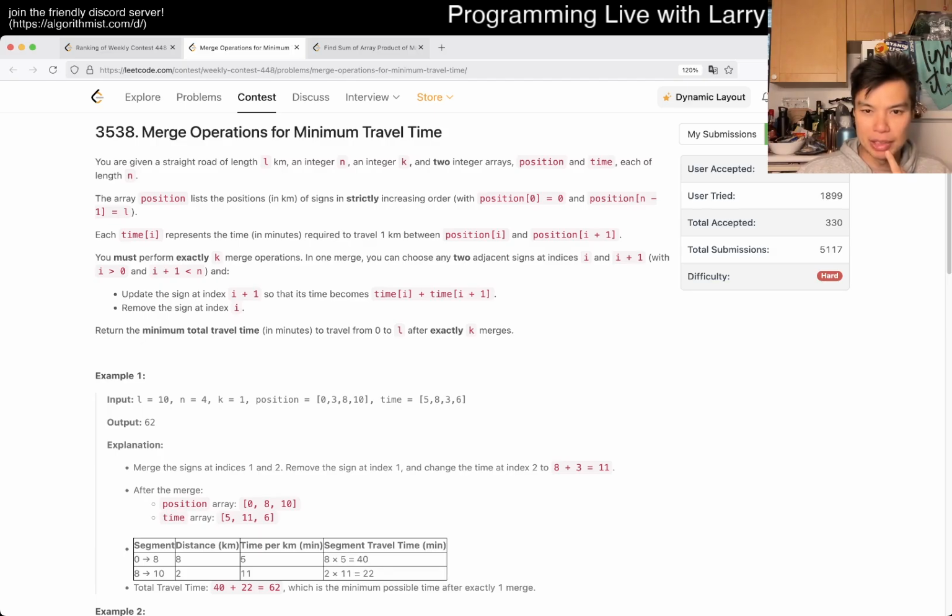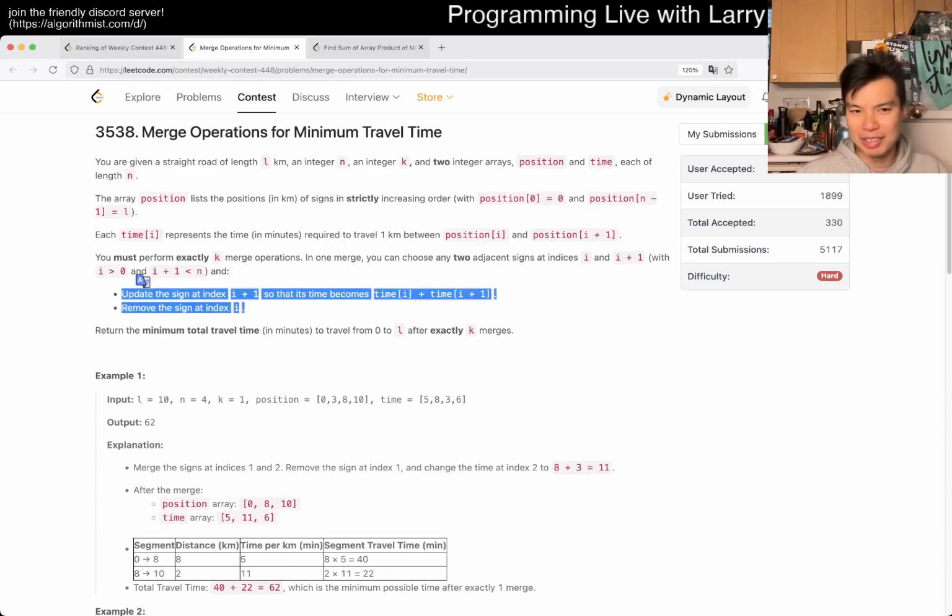In one merge, get 2 adjacent signs and update the sign so that its time is... This is a very weird way to put it because updating the sign shouldn't update like the speed, but okay, fine. After exactly k merges.